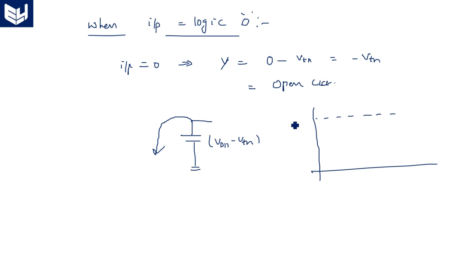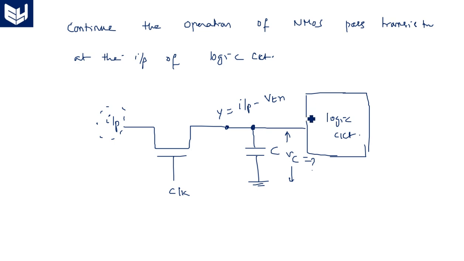So it is VDD, and this is VDD minus VTN. Now the capacitor discharges till 0. So this is the voltage across the capacitor. Even if the input conditions change suddenly from 0 to 1 and 1 to 0, the logic circuit input appearing here, because of the existence of capacitance, will not show a sudden change.